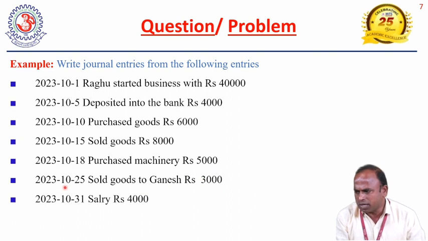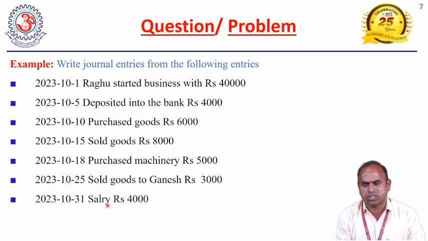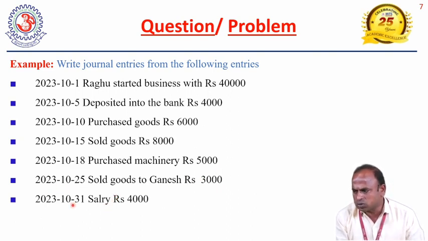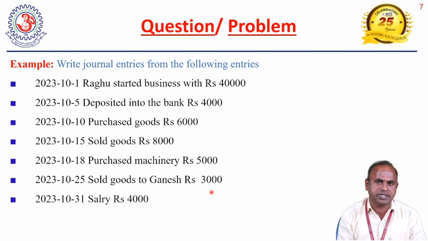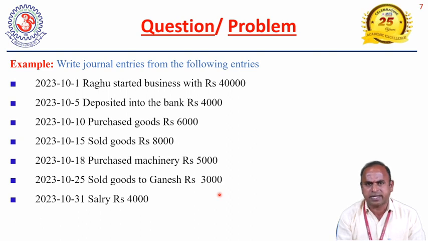The next one, 25th October 2023, sold goods to Ganesh. So in this transaction, two items are there, Ganesh and sales. So it is a credit transaction. It is not a cash transaction. In case of a credit transaction, definitely you write down the name of the person. So in this transaction, the two items are Ganesh and sales.